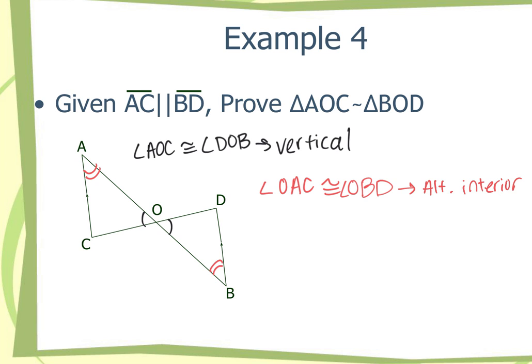The same alternate interior. Very good. But remember, to prove that these two are similar, how many angles do we need to know? Just two. Then we can say AA similarity theorem.